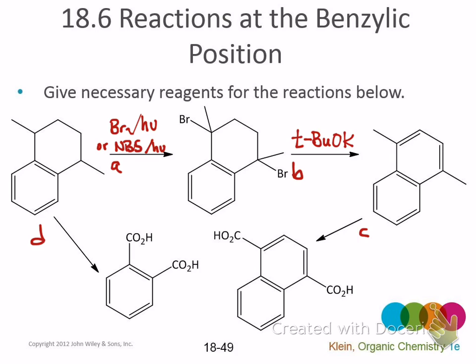How do you go from here to here? Magic. No, it's not magic. Let me ask you a question. How do you do D? Jones reagent? Yeah, chromic acid oxidation. So you do this one by chromic acid oxidation.